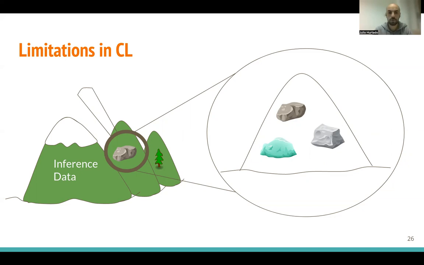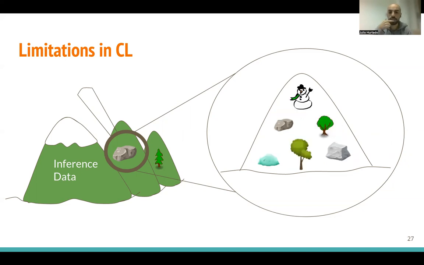What we normally see is that when a new task, a new distribution, arrives, it can have information about new classes, it can have samples of previous classes, and it can also have information about previous classes that is also new.